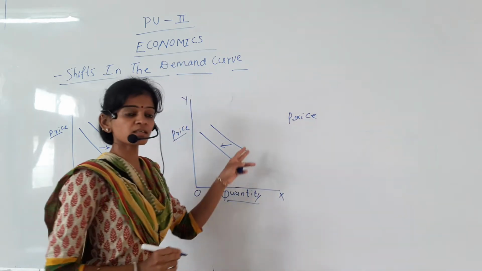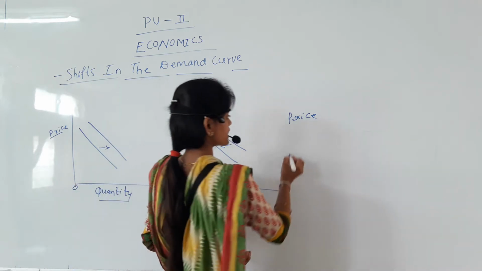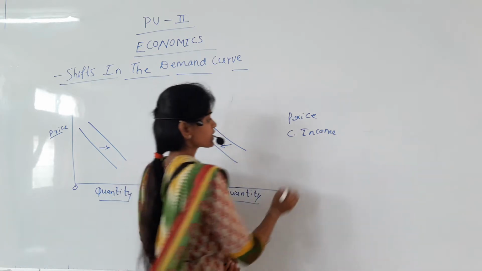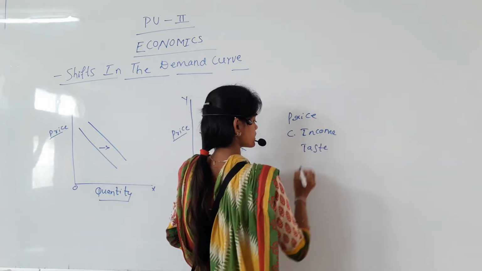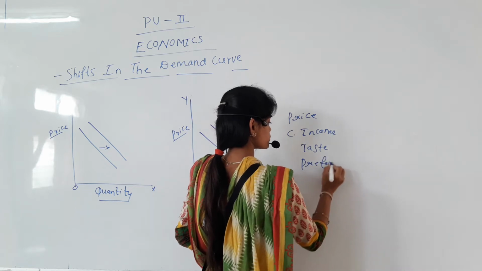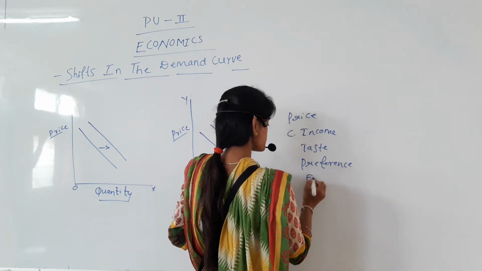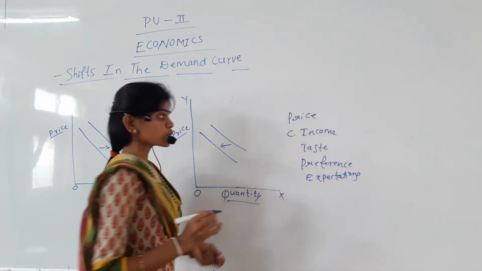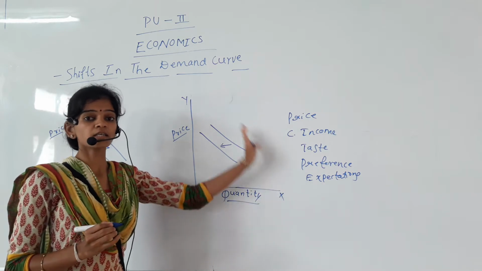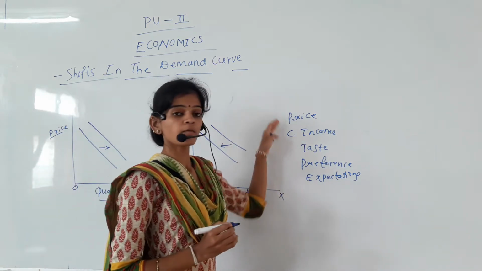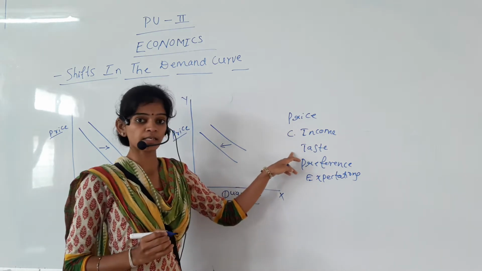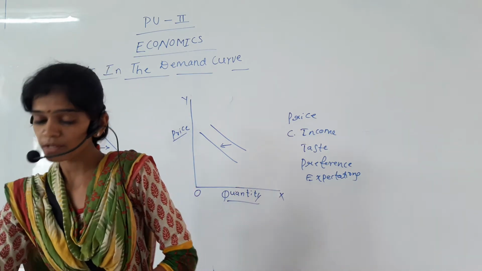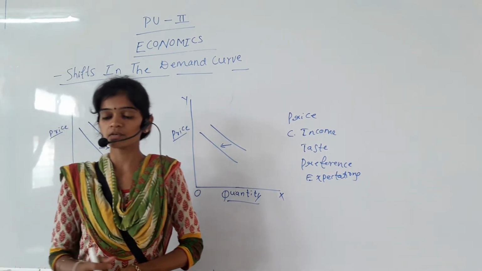We are considering demand determinants like price, consumer income, tastes and preferences, and consumer expectations. So how does the demand curve change, how does it shift?